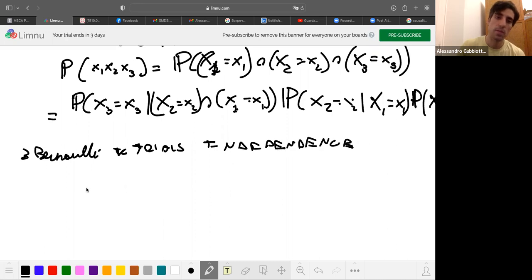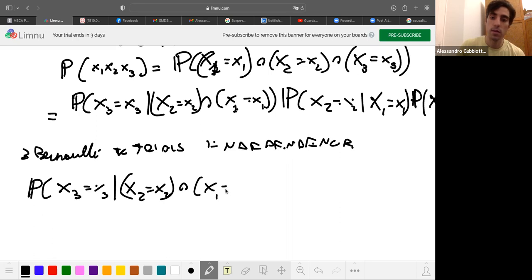The independence hypothesis is that the probability of the third coin toss is not influenced by the first two.